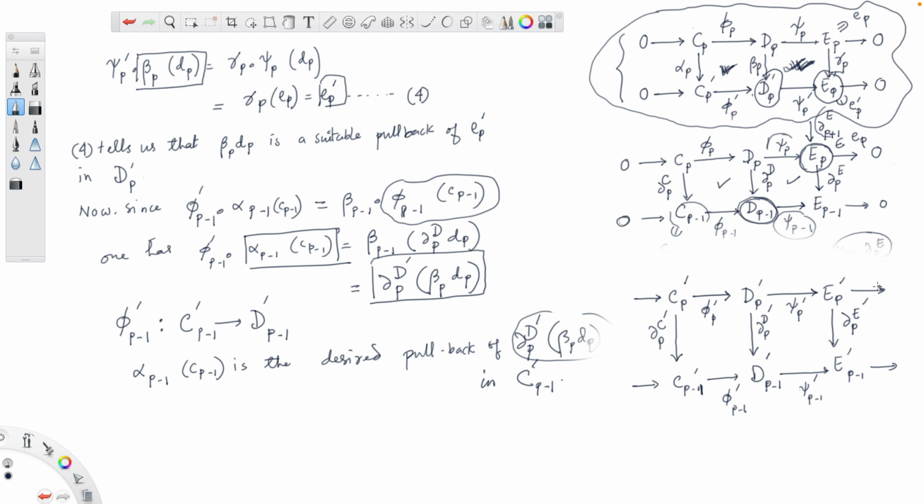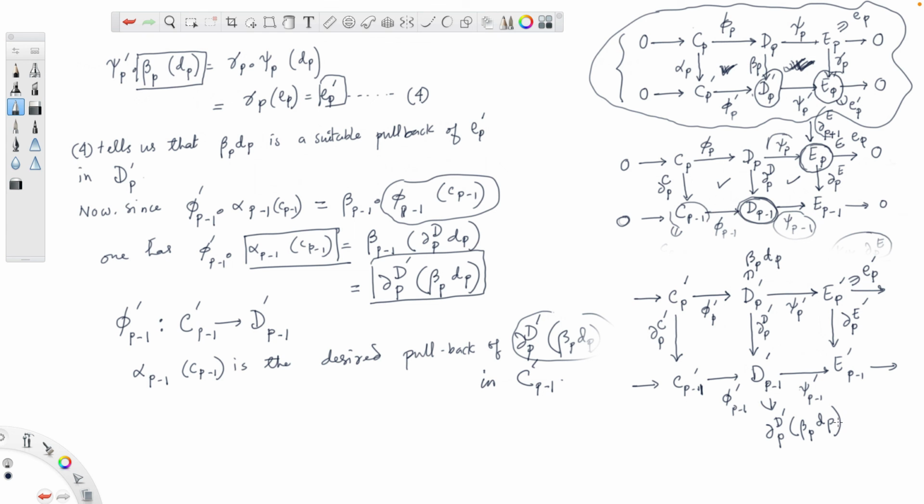Good. Now here we started with this element e_p prime in E_p prime, and then we ended up with the pullback of e_p prime in D_p prime, which was beta_p d_p. Then when we applied the boundary homomorphism onto this element in D_p prime, we obtained an element in D prime_{p-1}, which is precisely del_p d prime of beta_p d_p, right?